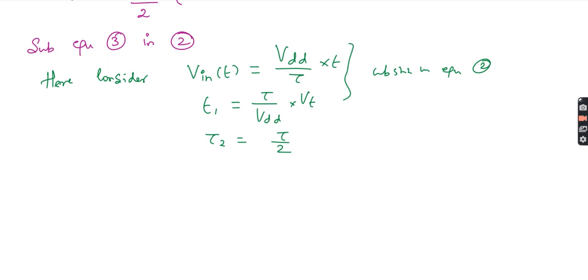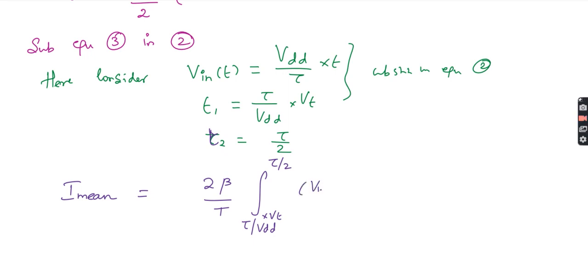I get the equation I max is equal to 2 times beta by 2, by t, integration from T1, where T1 is tau by VDD into Vt, to T2, where T2 is tau by 2.